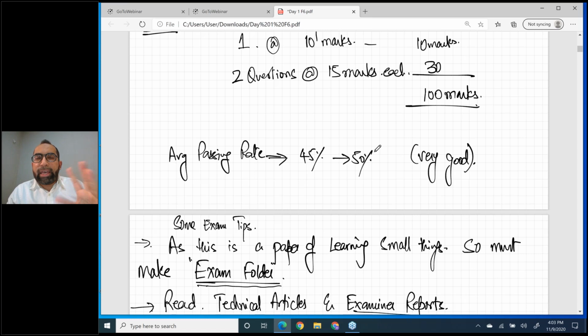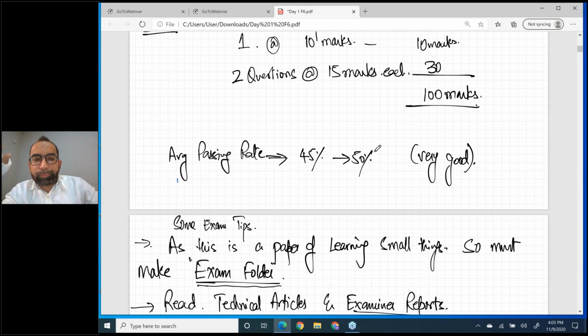So an average passing rate between 45 to 50% is very, very good. That's why students normally opt for this paper on the first instance, so that they can clear it easily, because this paper is mostly practical. I would say it's 80 or 85% practical with 15 to 20% theory.